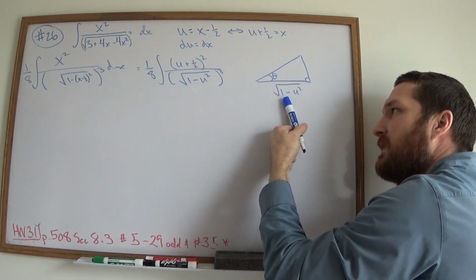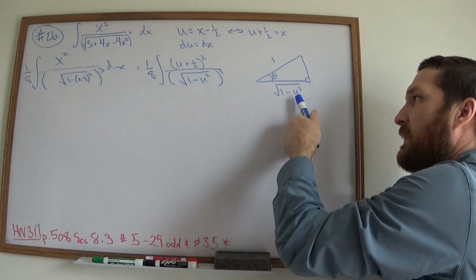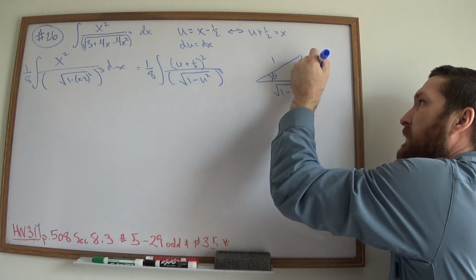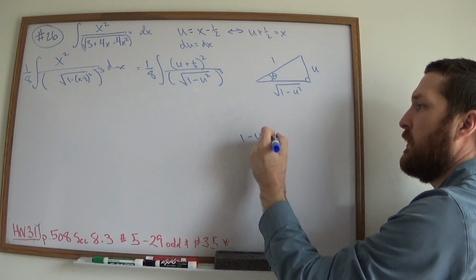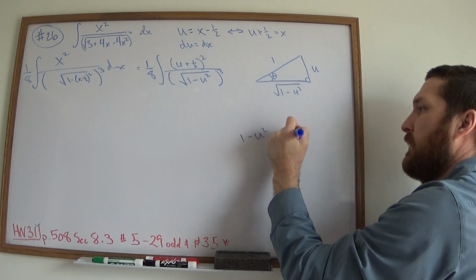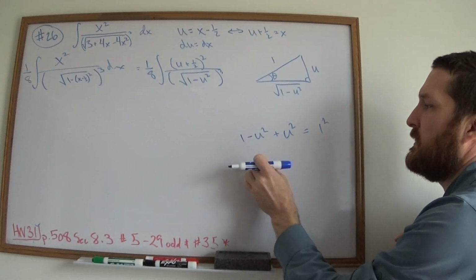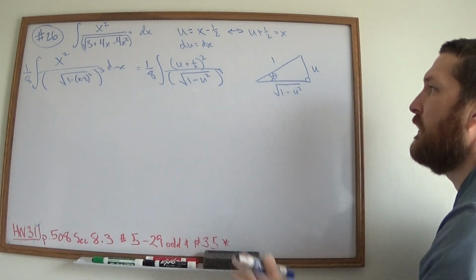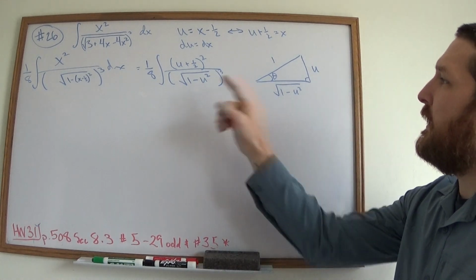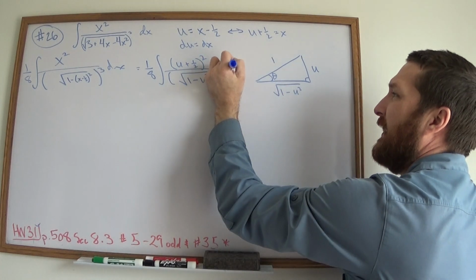The positive thing in the root, its square root needs to be here. The negative thing, its square root needs to be here. I'm going to double check it. Square that, 1 minus u squared, plus that squared. Is that equal to 1 squared? Yes, 1 equals 1 squared. Okay, so we're good.